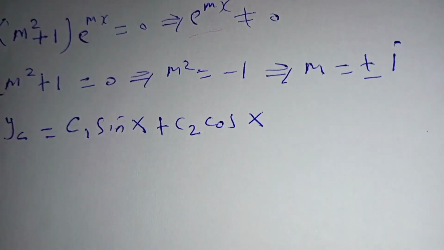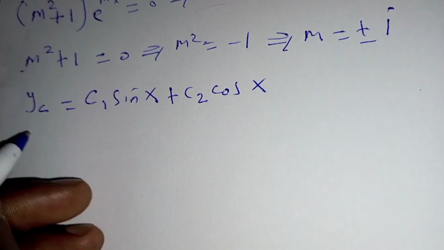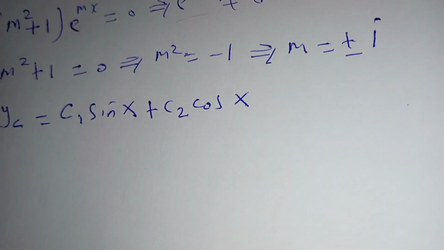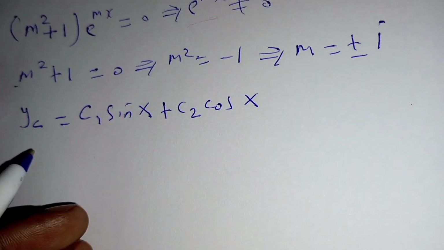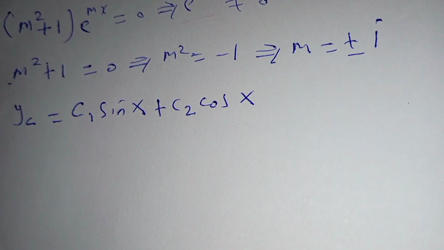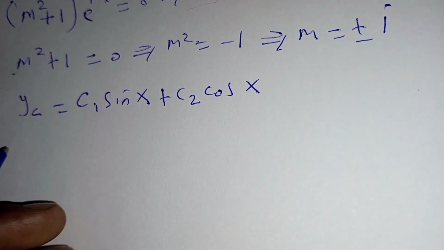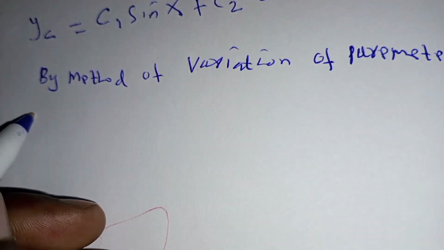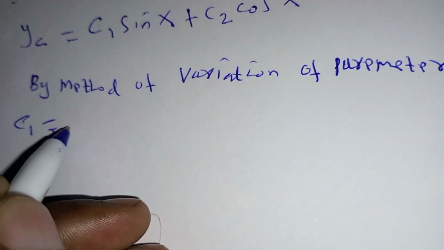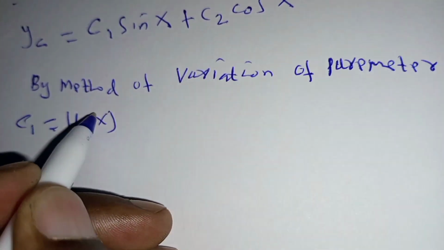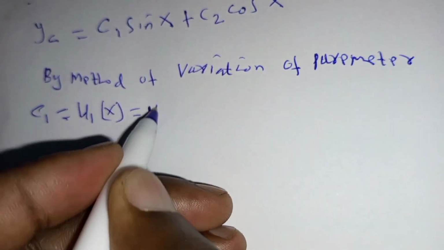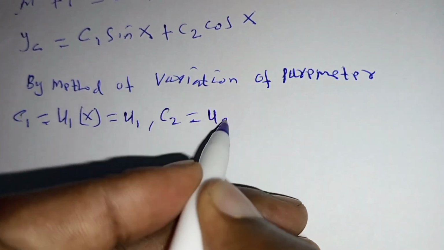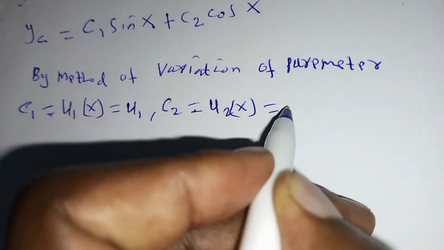Now, on how we obtain this part, check my YouTube channel so that you can see how to obtain the complementary part. So to get the particular part, we are going to use the method of variation of parameters. By the method of variation of parameters, we let our C1 be equal to U1(x), which is equal to U1, and we let our C2 be equal to U2(x), which is equal to U2.